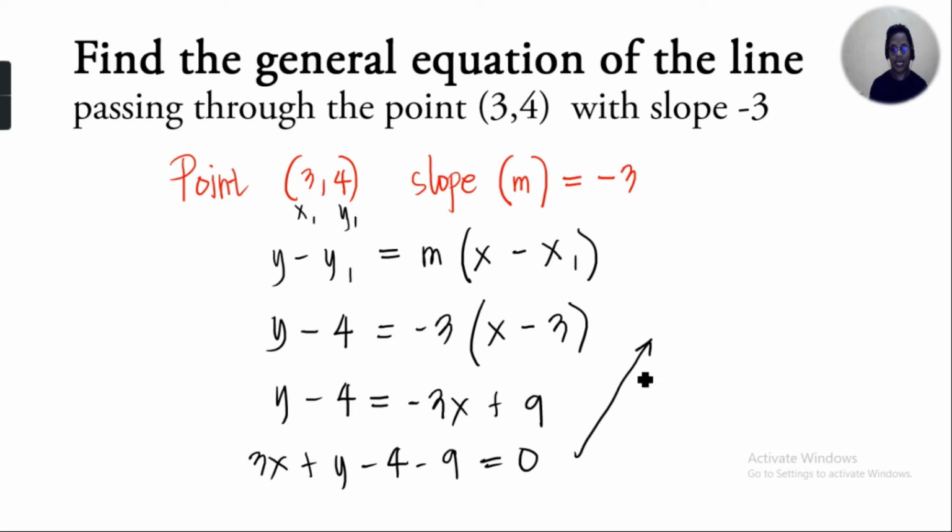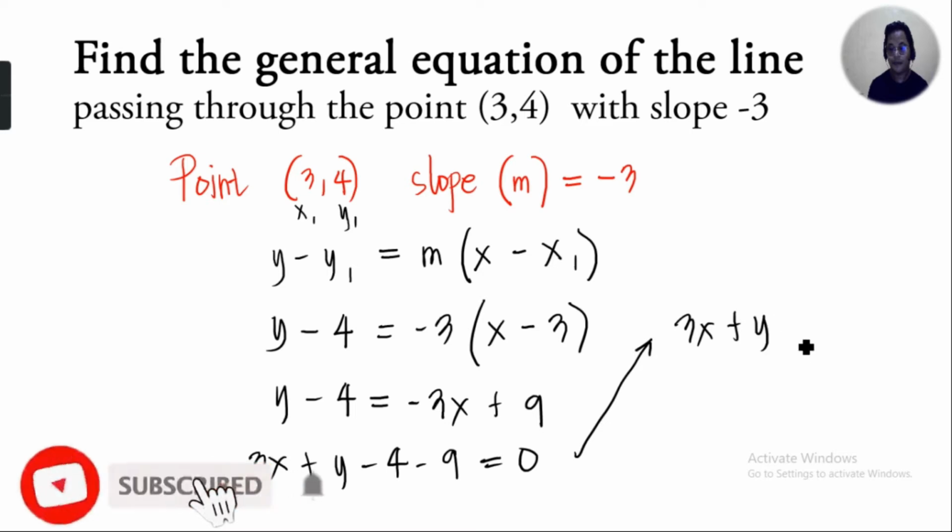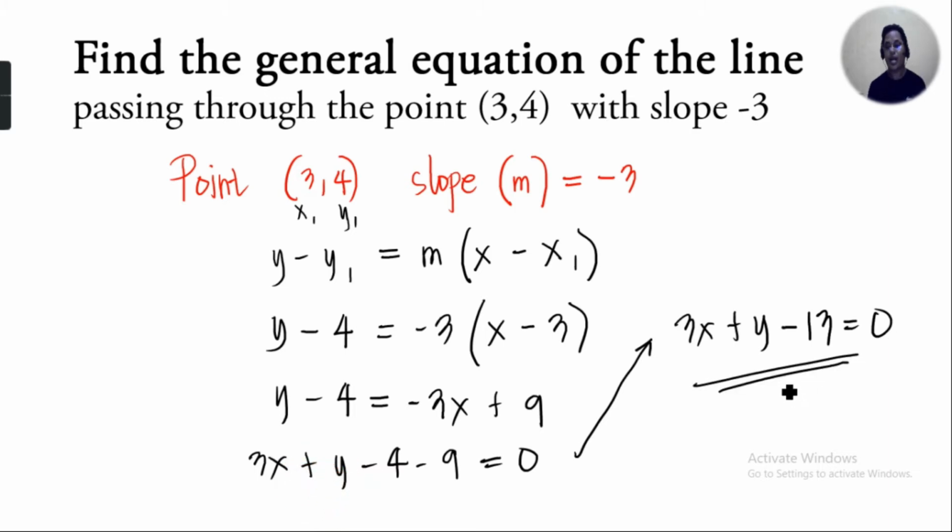Then, simplifying, we have 3x plus y, negative 4 minus 9 is negative 13. Therefore, our general equation of the line that passes through the point 3, 4 with slope negative 3 is 3x plus y minus 13 is equal to 0.